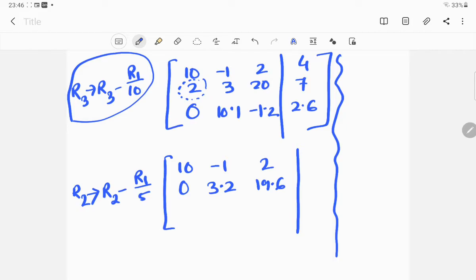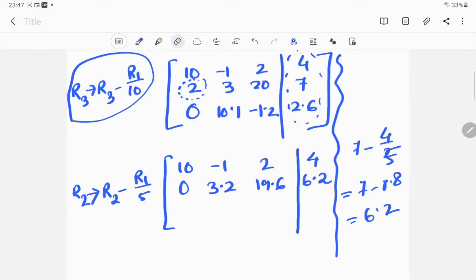Then you have 4, which we have not changed, so it will be as it is. Now I need 7 minus 4 by 5, so 7 minus 0.8, which is nothing but 6.2. So that's done.